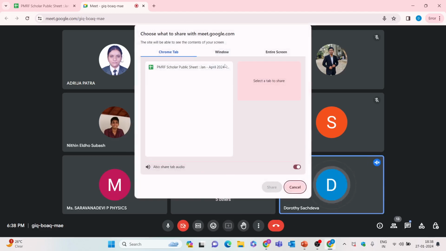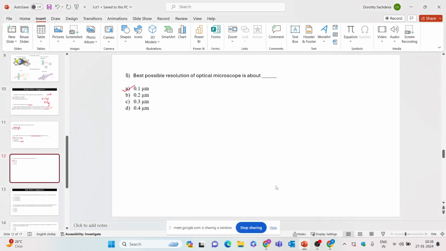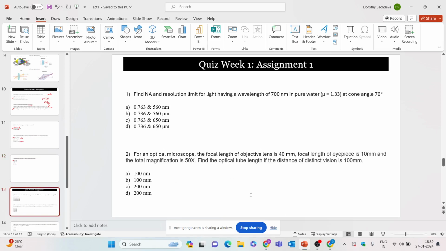Are all these things clear to you? Okay, then you can have your calculator or pen and paper with you, so that we can proceed to our next assignment where we need to solve certain problems.